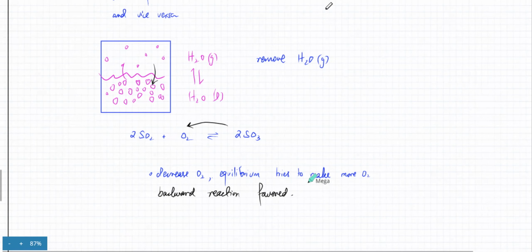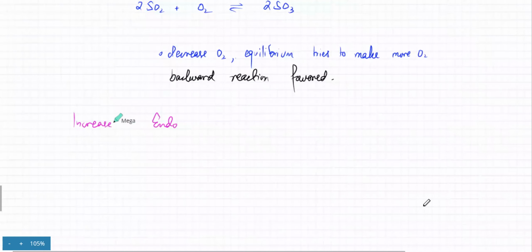So these are your 3 points, and I'm going to sum them up. The main 3 points are: increased temperature, endothermic would be favored. And remember, I told you that when we talk about the Le-Chatelier principle, we're not talking about the speed of the reaction. We're just talking about the relative comparison.